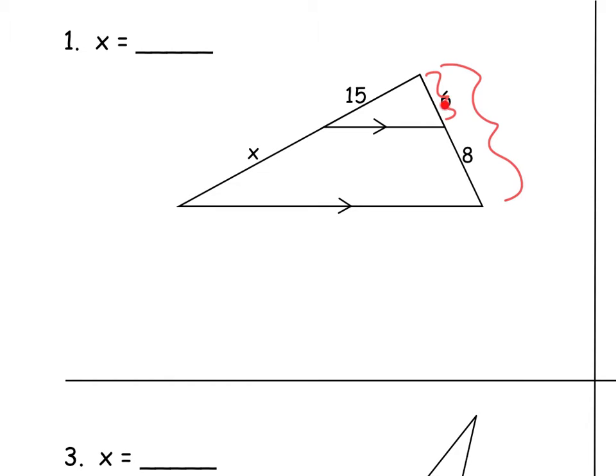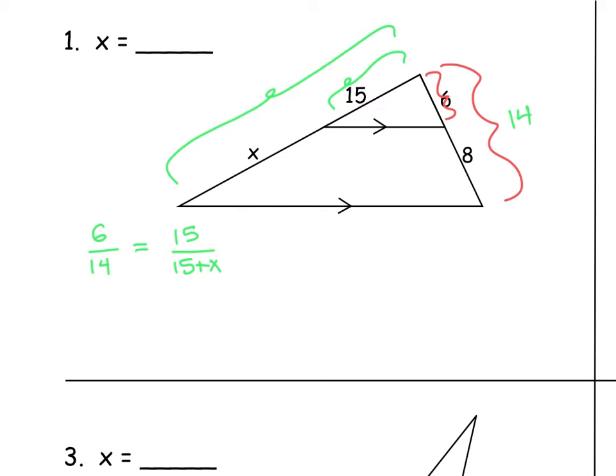So the shorter side is 6 over the longer side. That's 6 plus 8, which is 14. So then the first proportion is 6 over 14 equals 15 over 15 plus x. So you take the shorter side over the corresponding longer side.